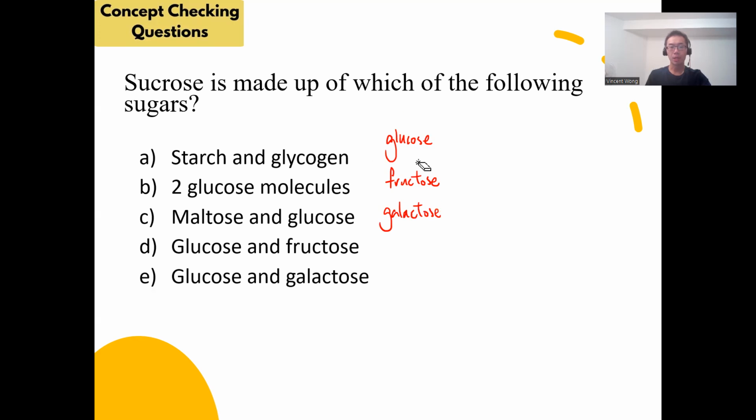Okay, these are monomers, and we can connect different monomers together. Does anybody remember the name of the process that is involved in connecting the monomers together? These are monosaccharides, that's right.